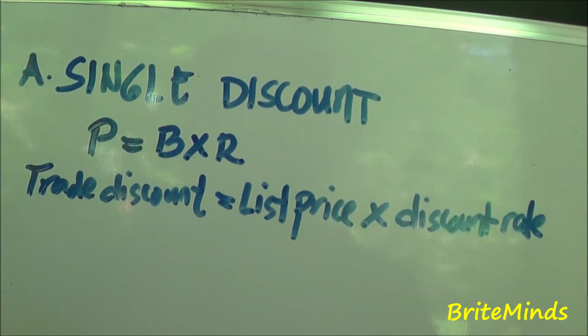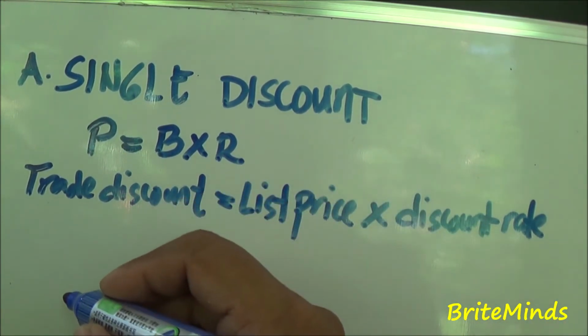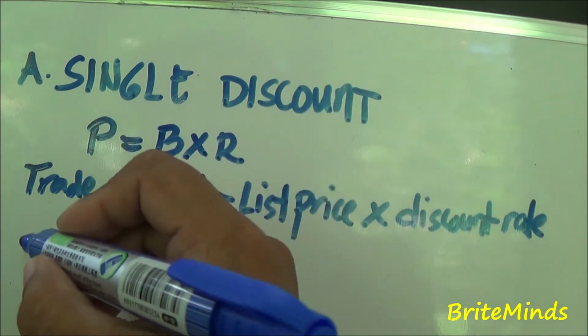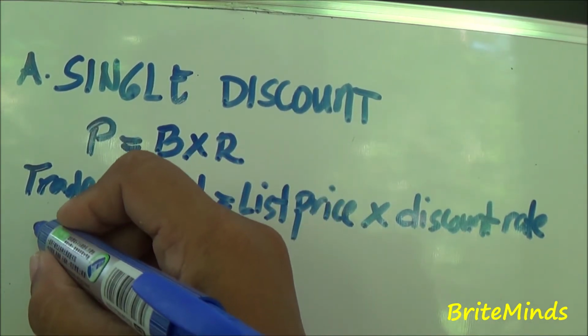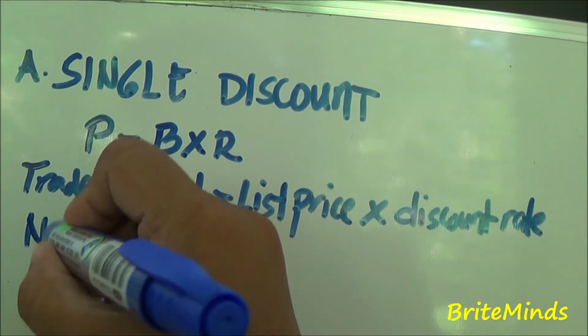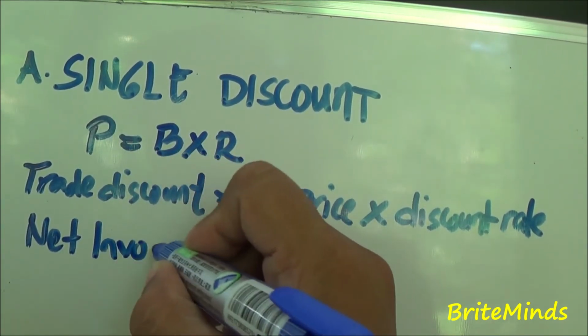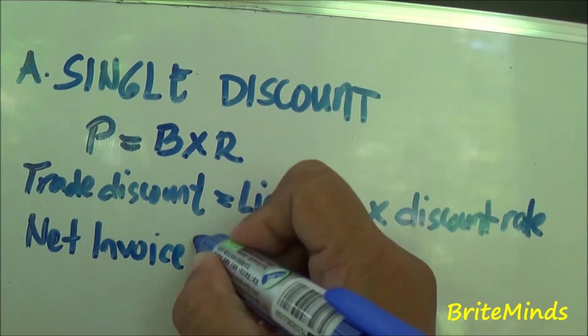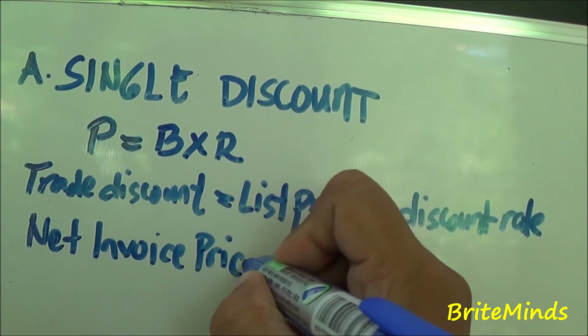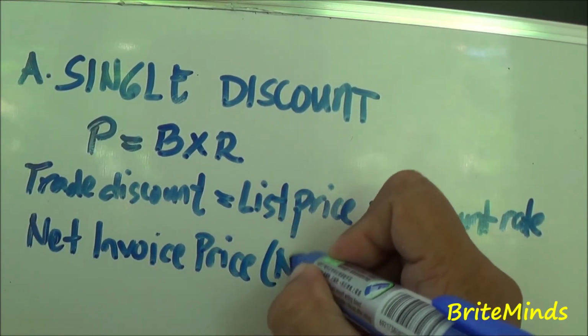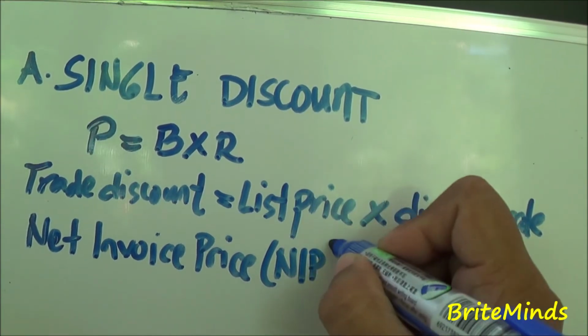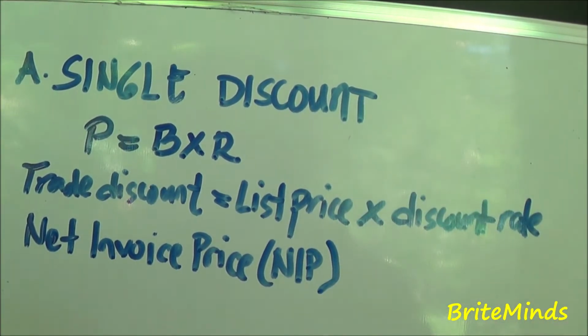Another formula to be used in finding the discount is the net invoice price, or NIP for short.